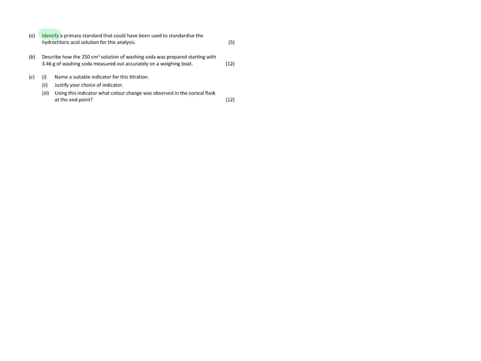And the answer is very simple because it's an identify, so you just need to state your answer. And your answer for part A is anhydrous sodium carbonate. That is the primary standard that you will use to standardize your hydrochloric acid solution prior to completing this experiment.